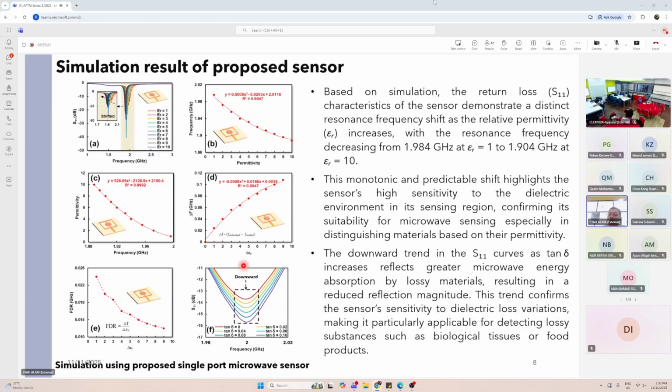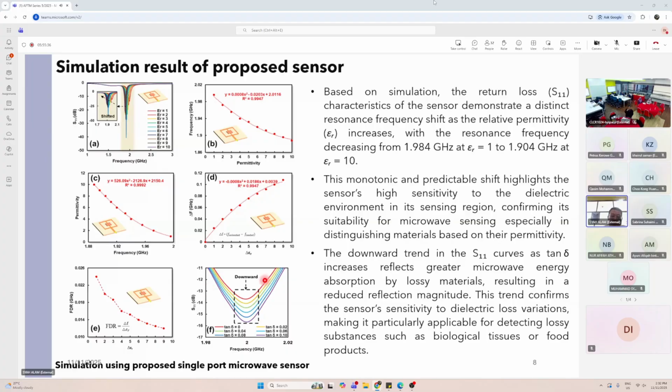This monotonic and predictable shift highlights the sensor sensitivity to the dielectric environment at the sensing region, confirming its suitability for microwave sensing, especially in distinguishing materials based on their permittivity.